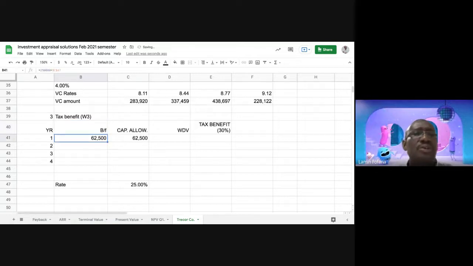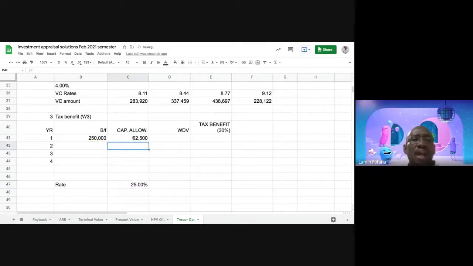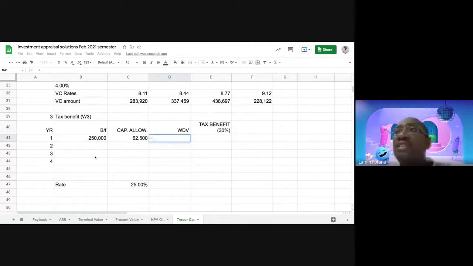That will be 250,000. Then we take this 250,000 and multiply by our capital allowance rate. We make it fixed, we enter, so that we have our 62,500 as our capital allowance.